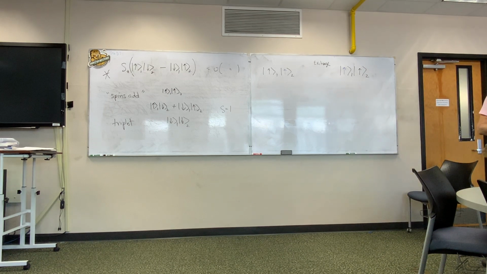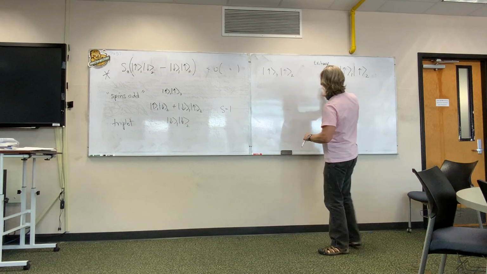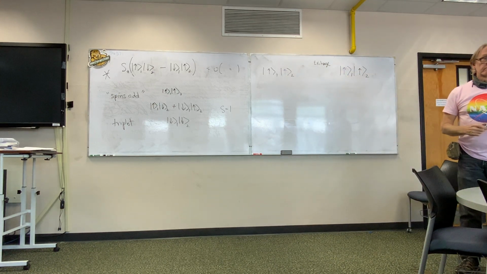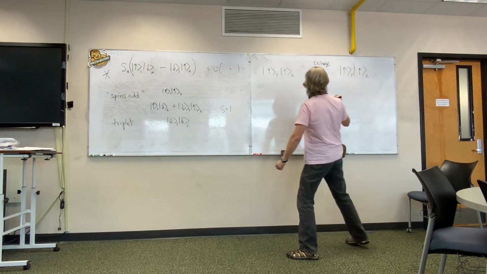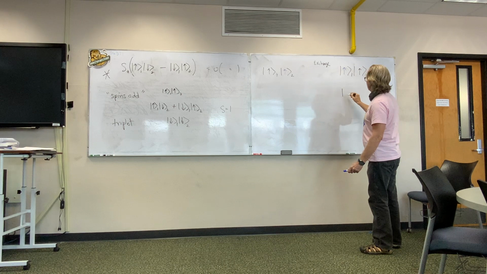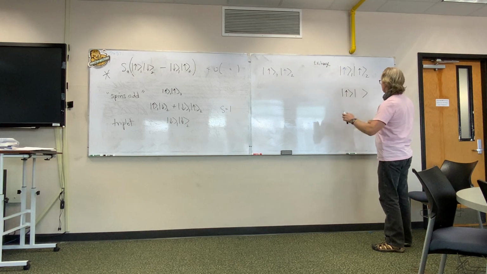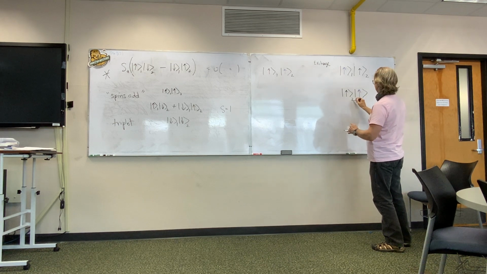I don't know if you can do that in color. I have my marker. What I did is I changed the state of this particle for this particle. Left the labels the same. Or I can do this. I can leave the states alone and exchange the labels.